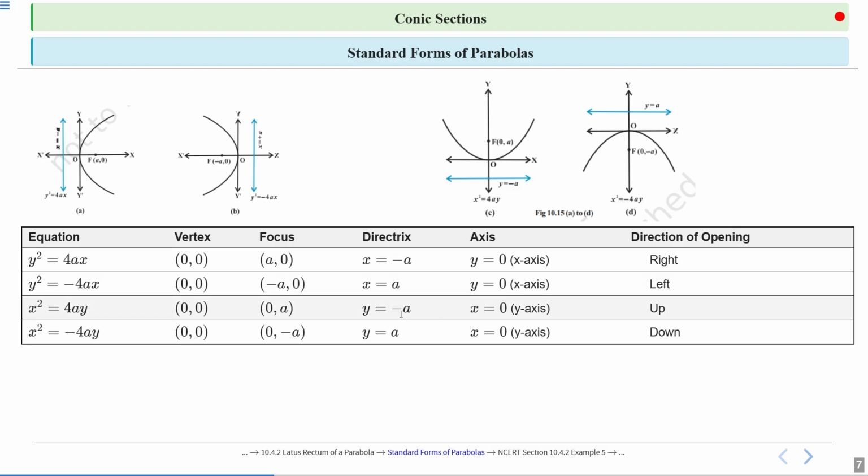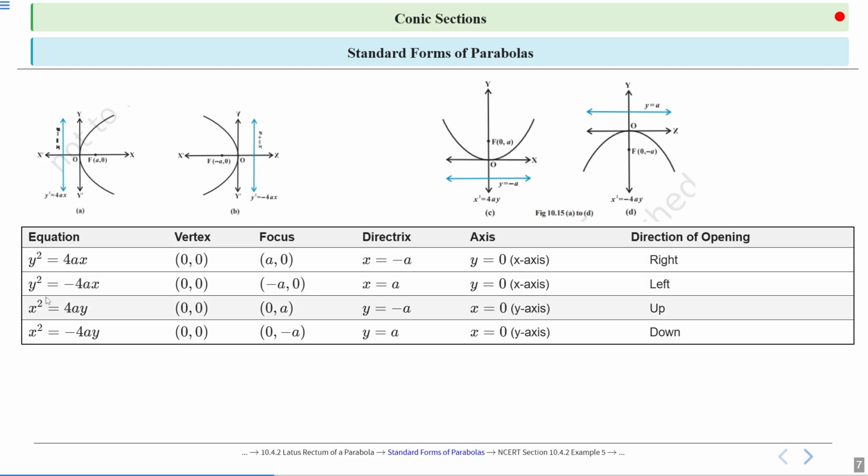Similarly, you can find the vertex, focus, equation of directrix, axis of parabola, and direction of opening for the standard equation y square equal to minus 4ax.